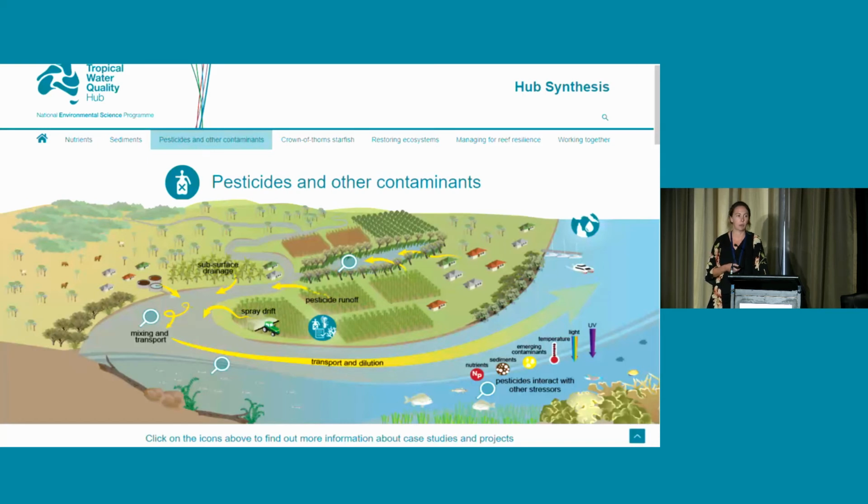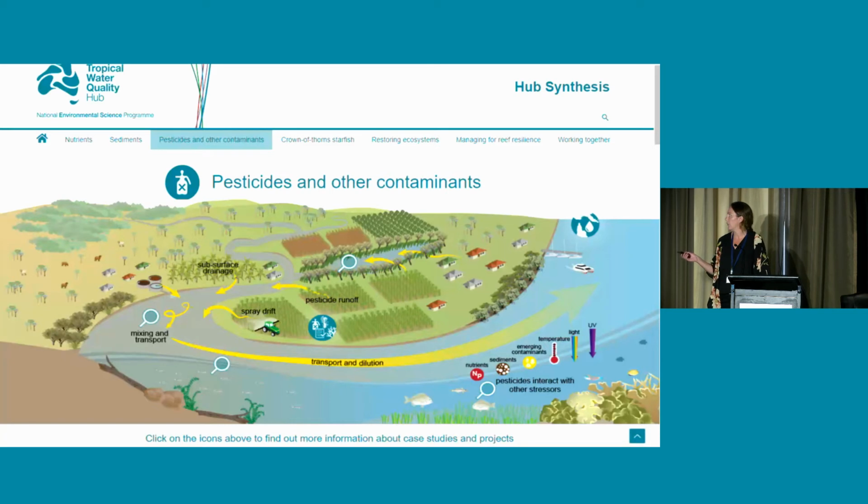Pesticides are an important tool in modern farming systems, particularly in cropping and also other land uses. But under certain conditions, those pesticides can run off the paddock and enter waterways. And what we're trying to demonstrate here is the potential sources and transport pathways in which that occurs.